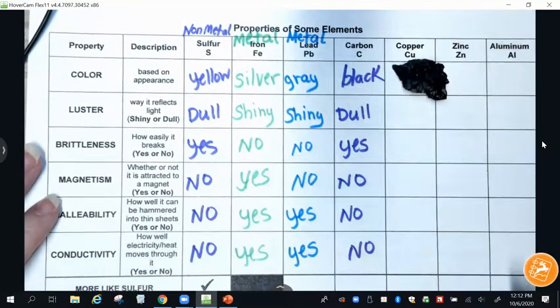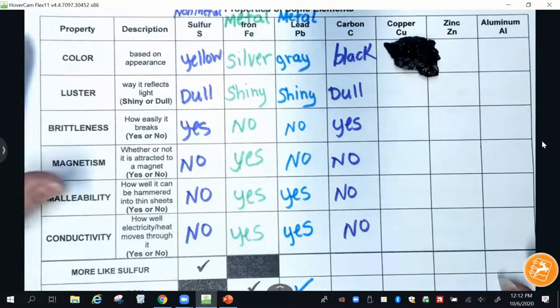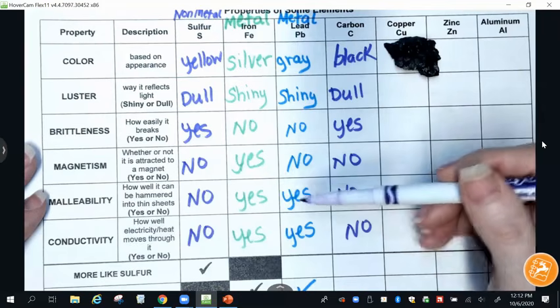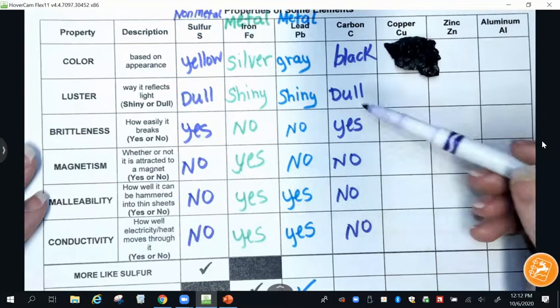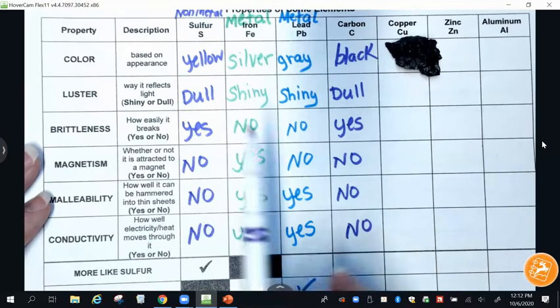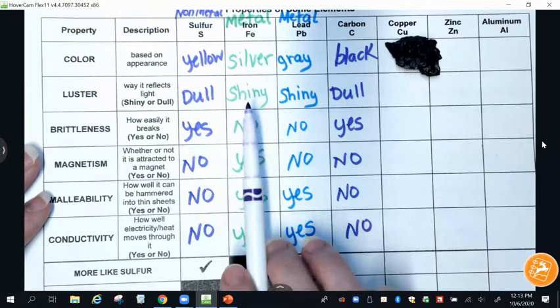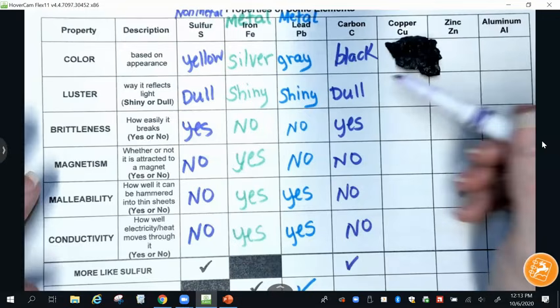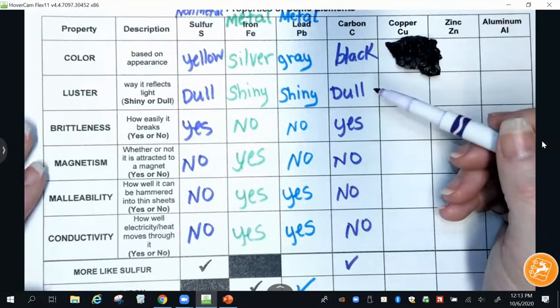Now, when we look at this, we need to compare all of our carbon. We need to compare it to sulfur and iron. So does the carbon have more in common with the sulfur or more in common with the iron? Sulfur. Definitely with the sulfur, okay? All right. Now, this carbon is carbon.